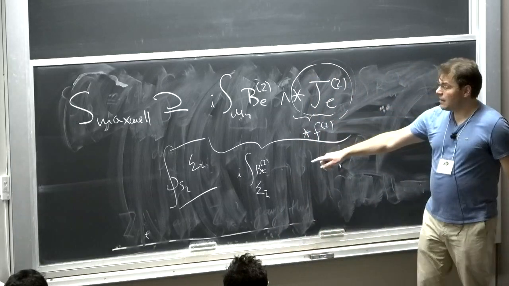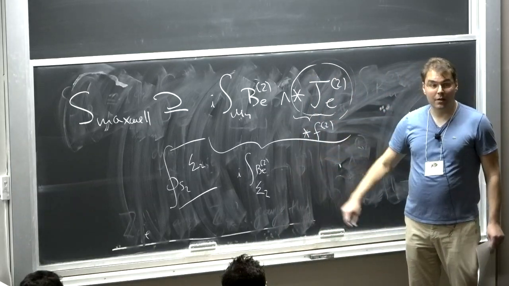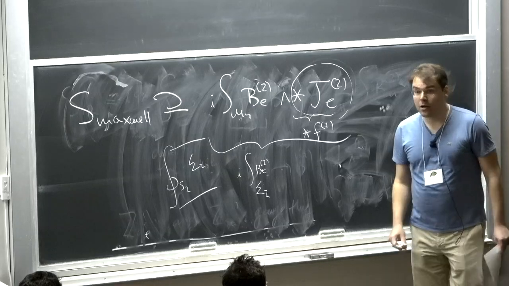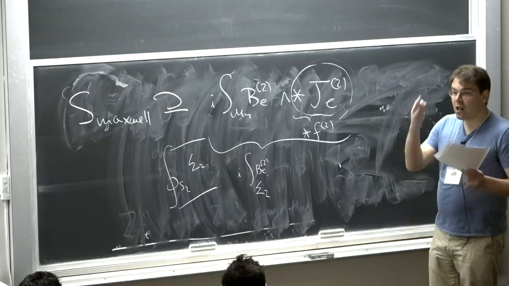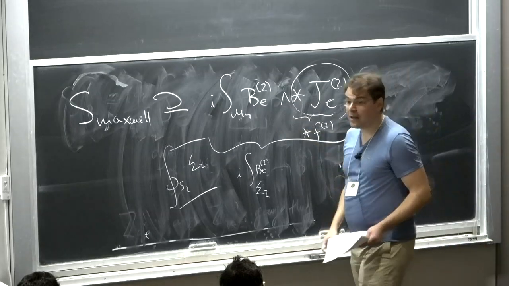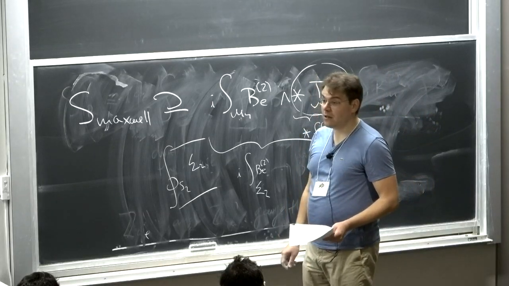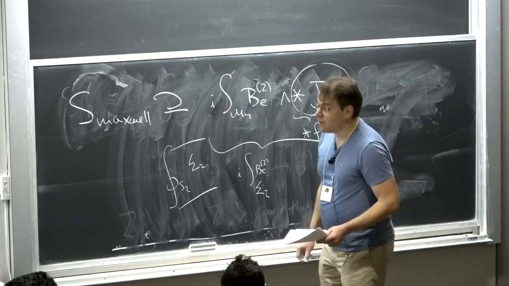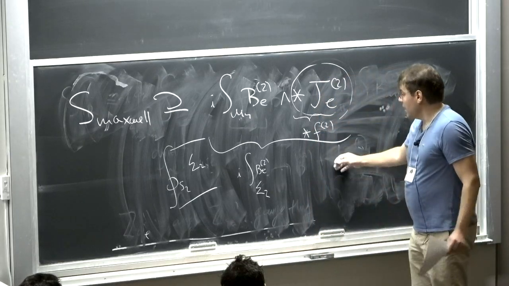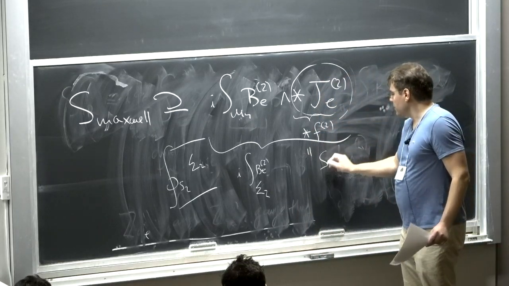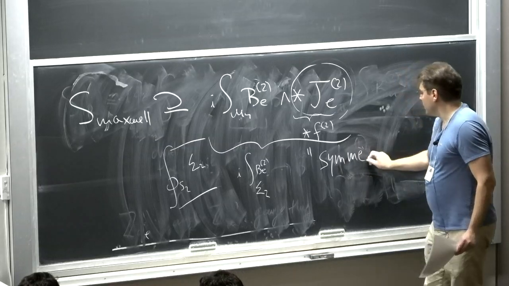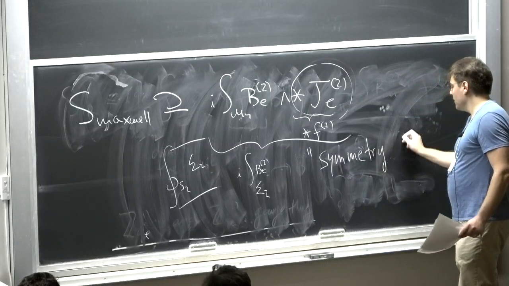And via the embedding of the zero-form symmetry into the one-form background gauge fields, you can give the lines of the theory, in this case the Wilson lines, fractional charges or projective representations under the zero-form symmetry. So this is something known as symmetry fractionalization. It's a very general phenomenon, happens all over the place.